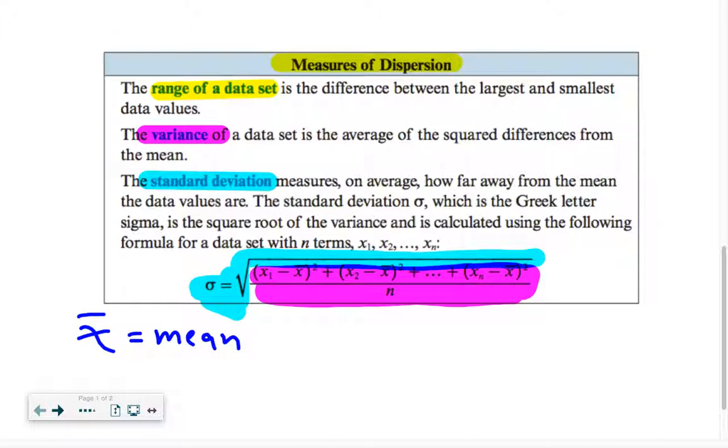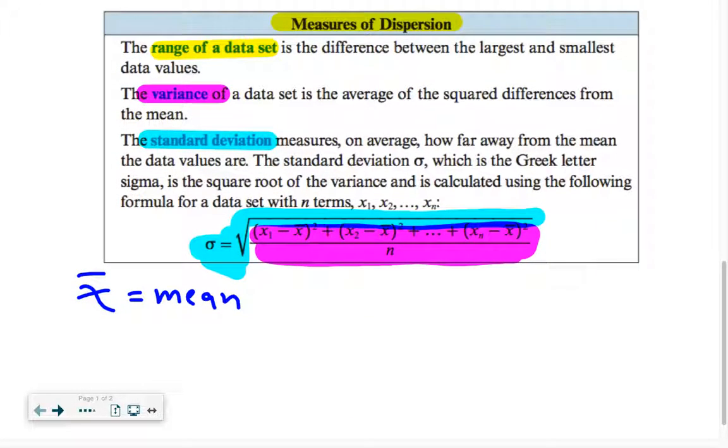What's that symbol on the line? Is that just O? Sigma? Yep, sigma just means standard deviation.